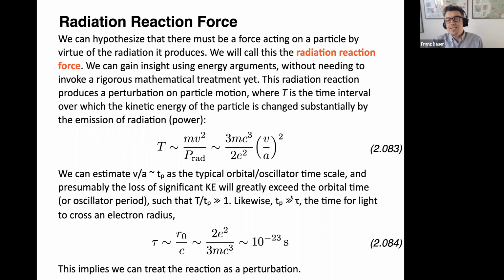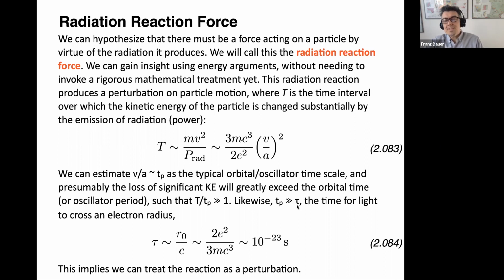Or this time scale has to be much larger than this time scale, which is the light crossing time across an electron radius. And this light crossing time for an electron radius is just this classical value, which is of order of 10 to the minus 20 seconds.